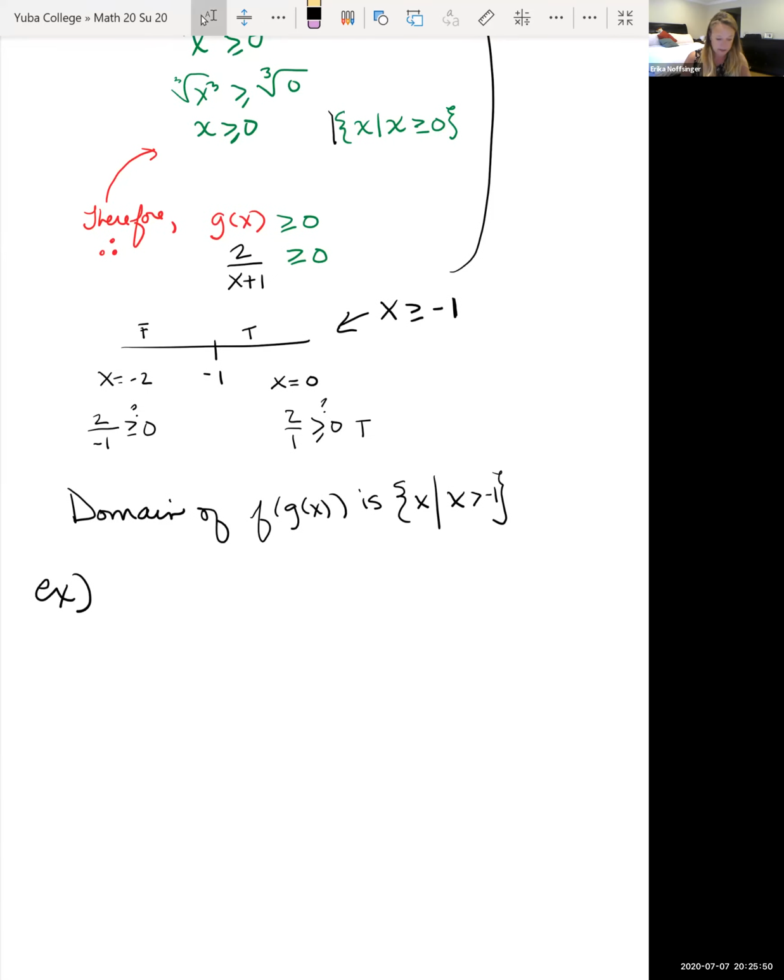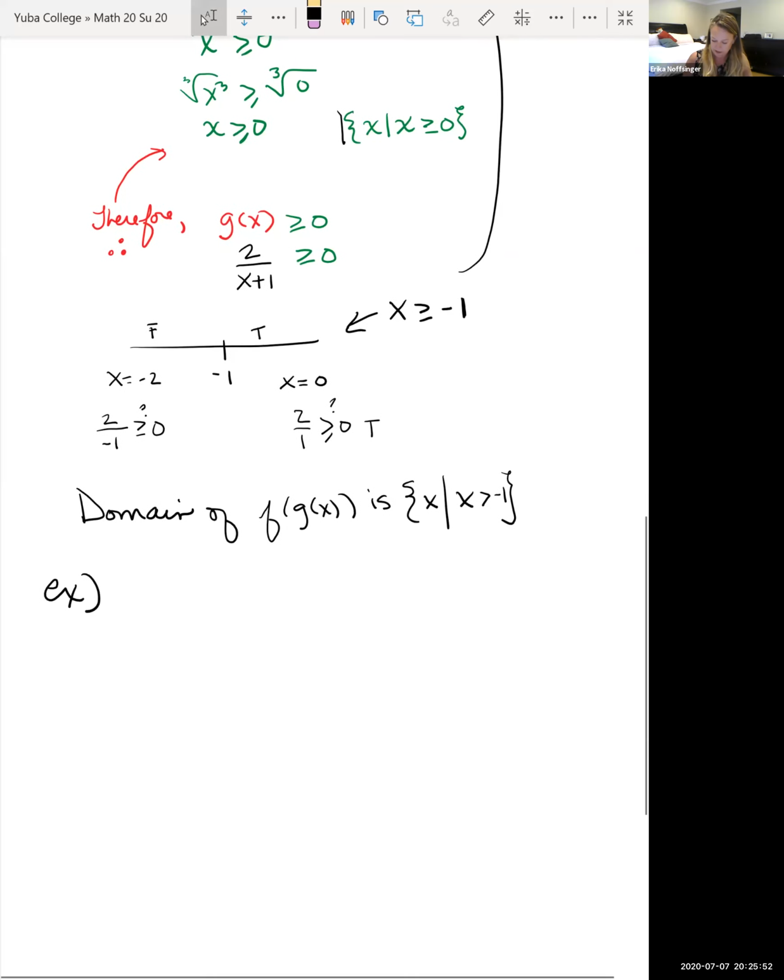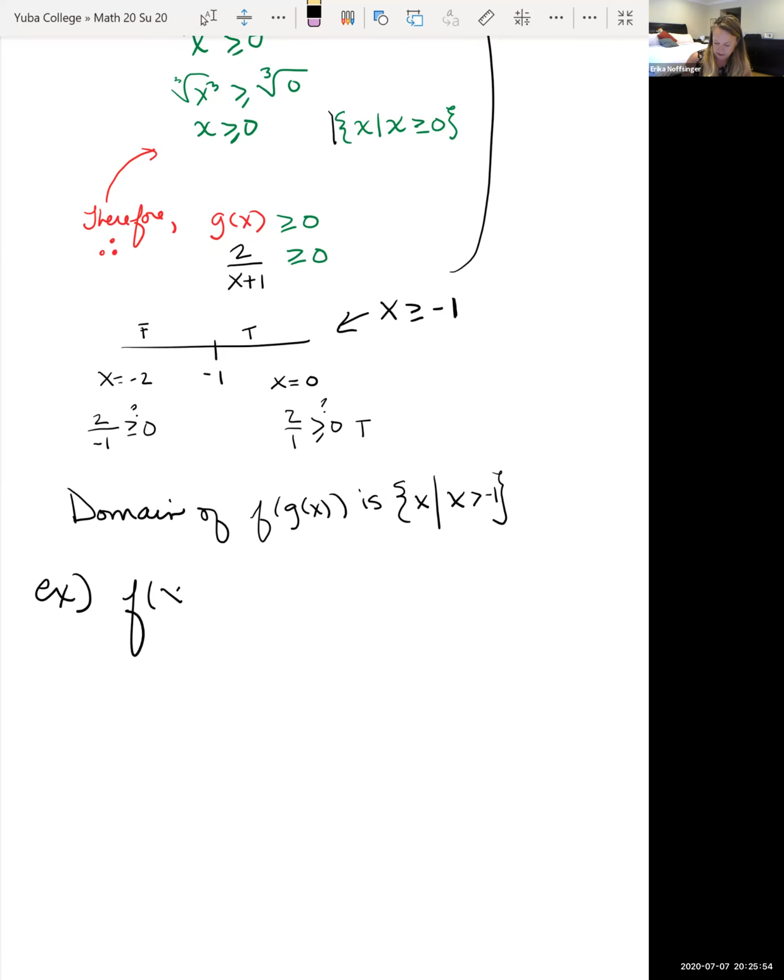So let's say you're given two functions, f of x, which is x over x plus 3, and you're given g of x, and this is 2 over x.